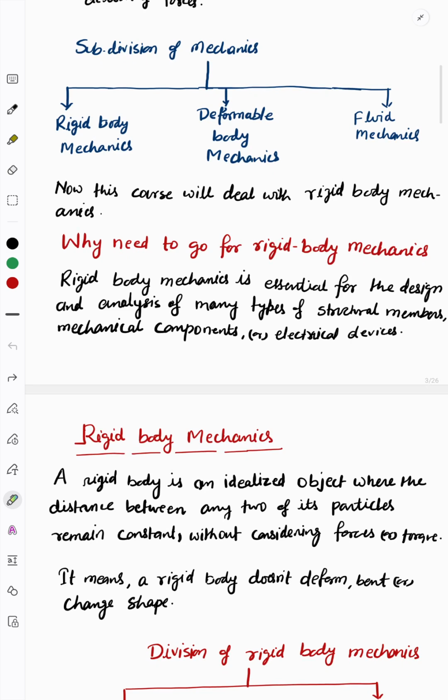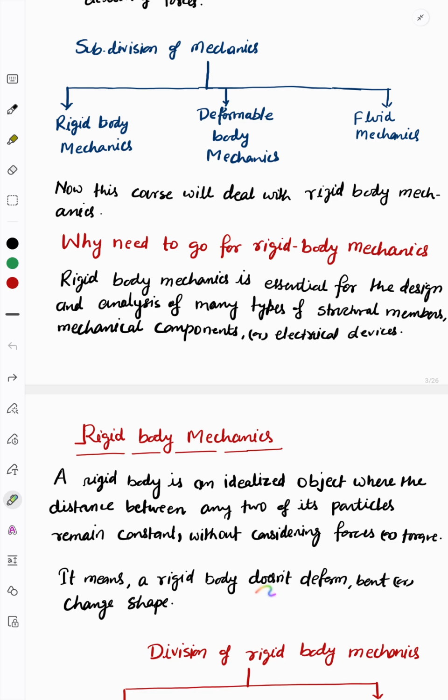Rigid body is an idealized object where the distance between any two of its particles remains constant. We are talking about internal particles in the object. If we consider two particles, after the application of any forces, the position of those particles is not going to change. It means a rigid body does not deform, bend or change its shape.